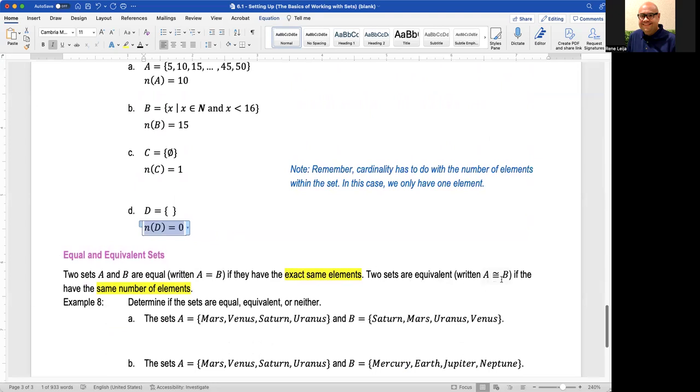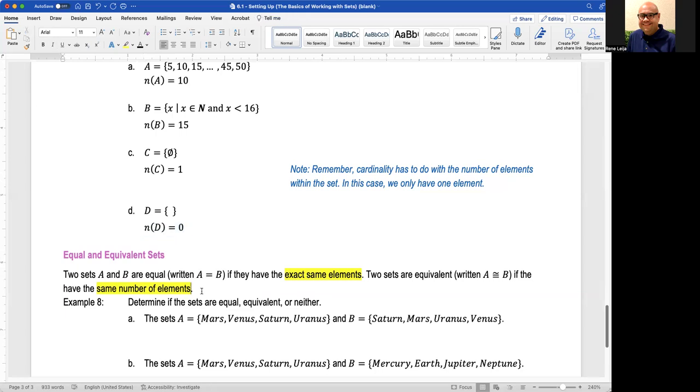Two sets are equivalent, and then we use this notation for approximately equal. That's your approximation notation. They are equivalent if they have the same number of elements. So they're equal if they have the same elements. They're equivalent if they have the same number of elements, or if their cardinality is the same.